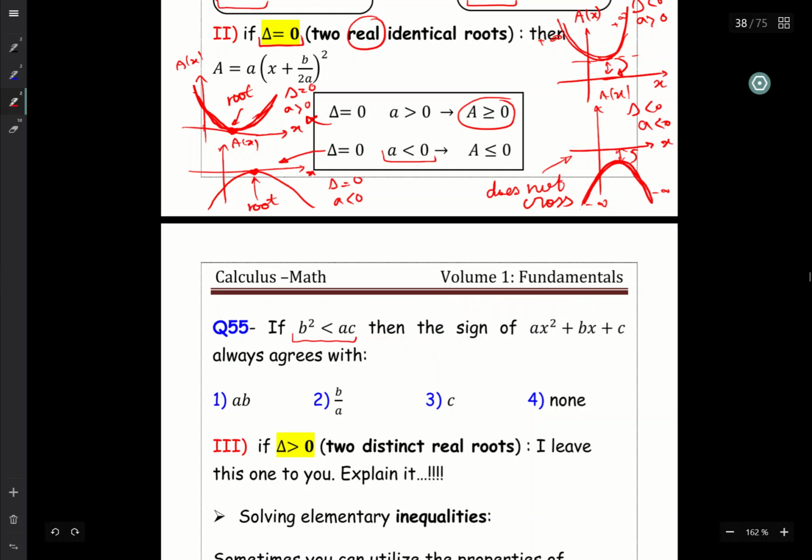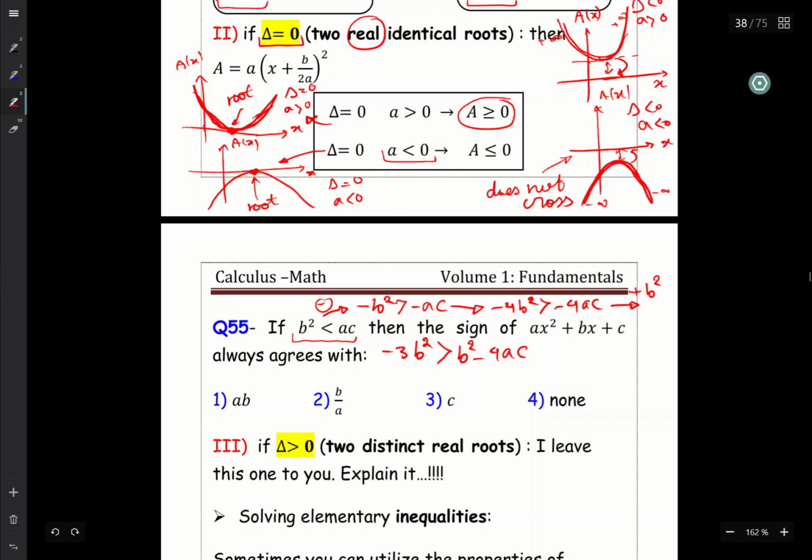So if b squared is less than ac, therefore minus b squared is greater than minus ac. Therefore minus 4b squared is greater than minus 4ac. And therefore if we add b squared to both sides, minus 3b squared is greater than b squared minus 4ac, right?